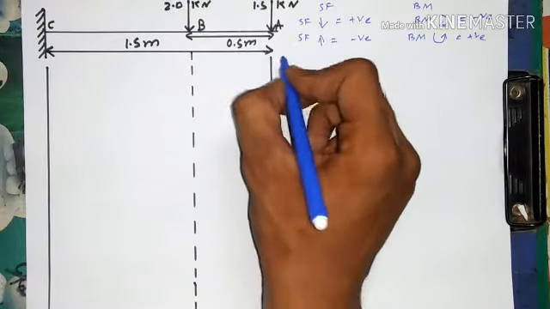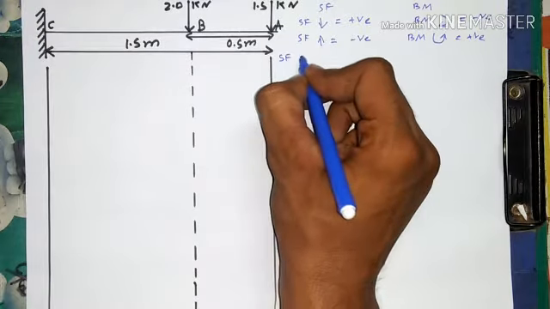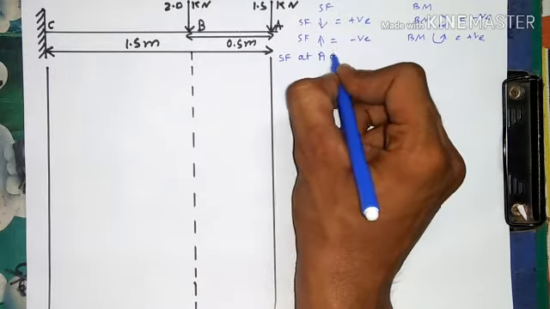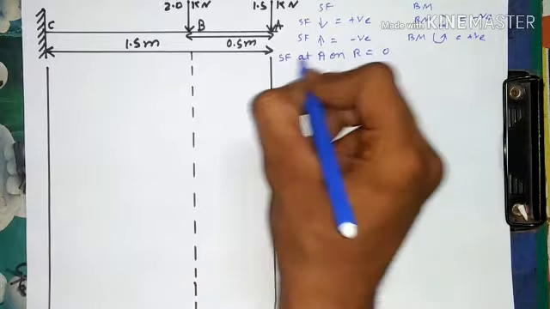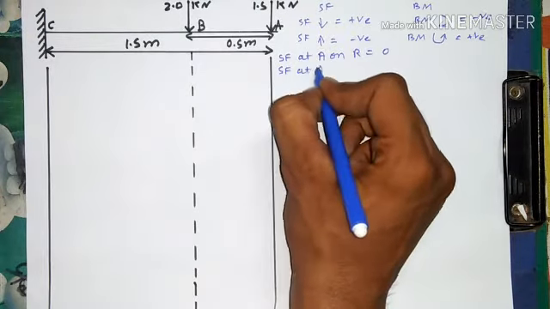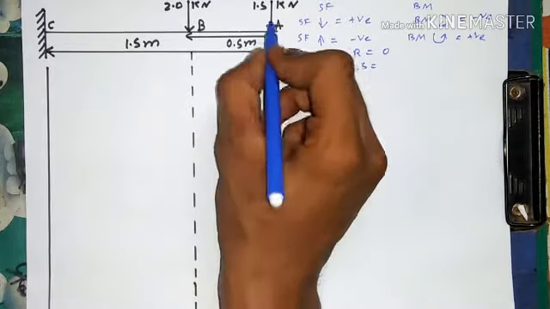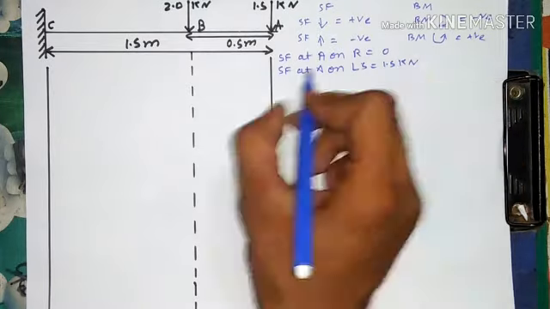First of all, find the shearing force at point A. Shearing force at point A on the right hand side is 0. Shearing force at point A on the left hand side is 1.5 kilonewton.